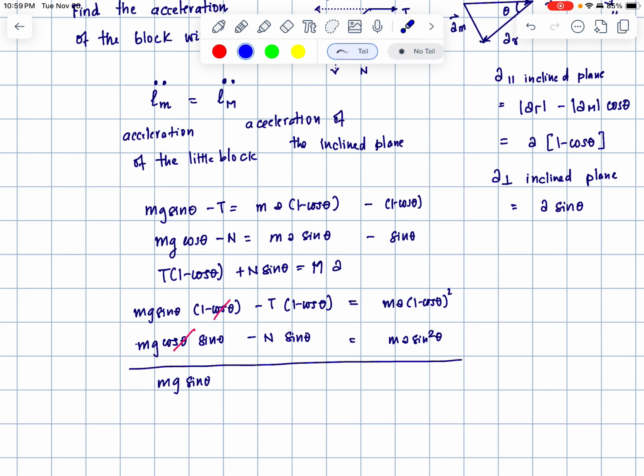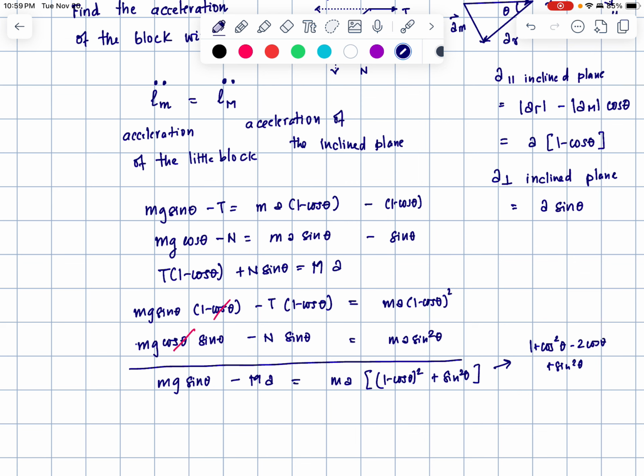The sum of these two terms equals M times a, so we can write this as minus m times a equals m times a times [(1 minus cosine theta) squared plus sine squared theta]. This reduces to 1 plus cosine squared theta minus 2 cosine theta plus sine squared theta, which is 2 times (1 minus cosine theta).